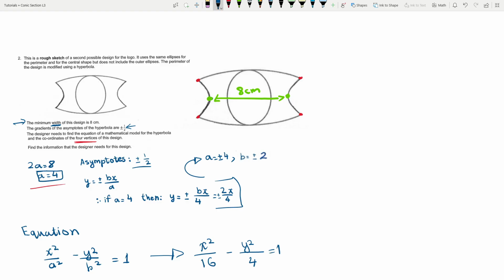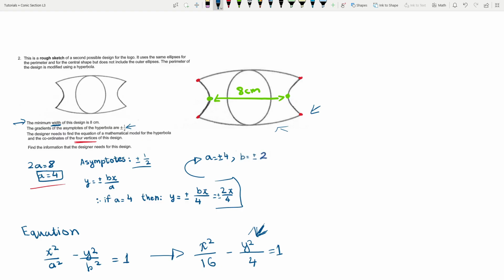But to find the vertices, we want to substitute this hyperbolic equation into the ellipse equation, like a simultaneous equation. We have to substitute something like y squared, let's say, into the ellipse equation to find the intersections.